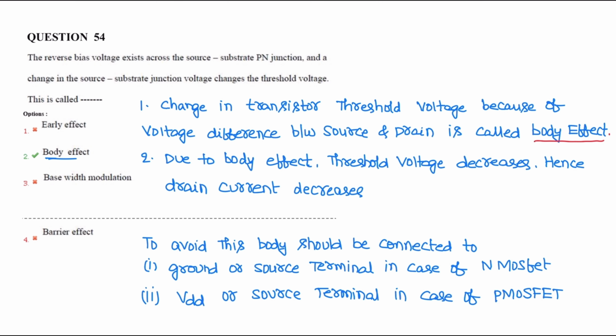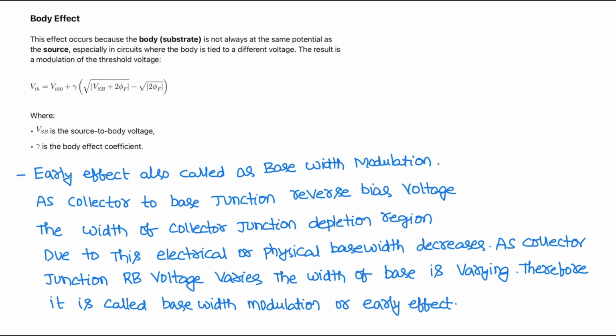Let us see some more points related to base width modulation. This base width modulation is also called early effect. As the collector to base junction reverse bias voltage increases, the width of the collector junction depletion region increases.